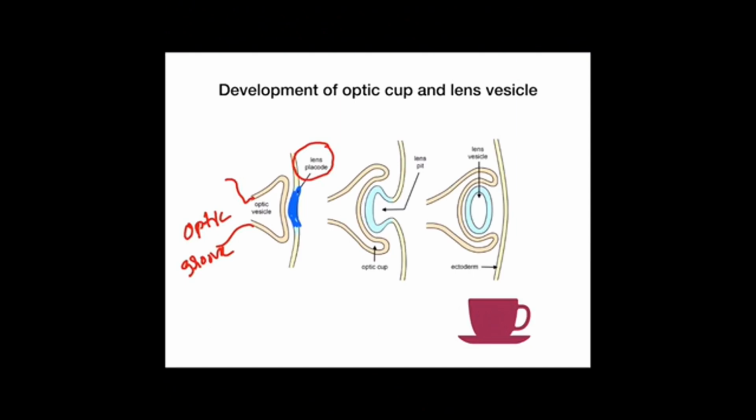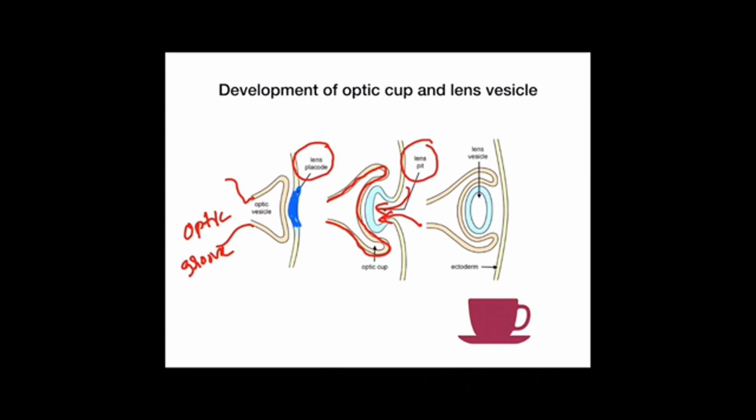Then lens placode undergoes invagination and forms lens pit structure, and this lens pit structure brings change in the structure of optic vesicle and forms optic cup structure.